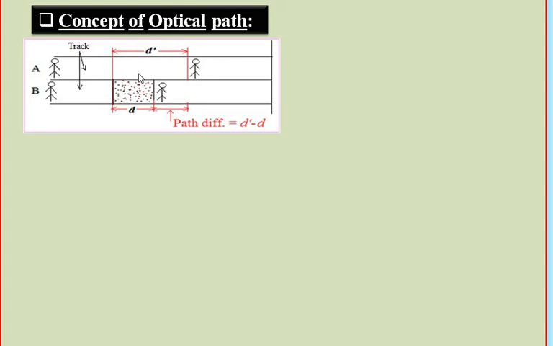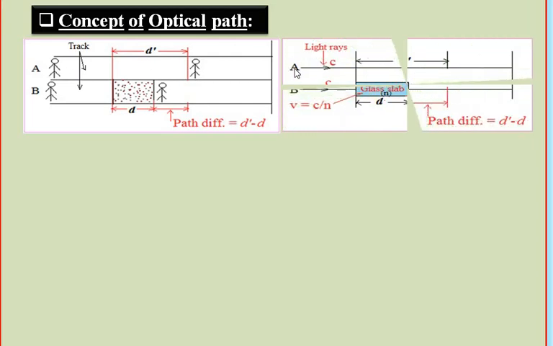Suppose we replace the two persons by light rays. The light rays travel with velocity c, and at the same time they both reach this point, but after some time, if we place any obstacle or disturbance in the path, then it requires more time to pass this obstacle.